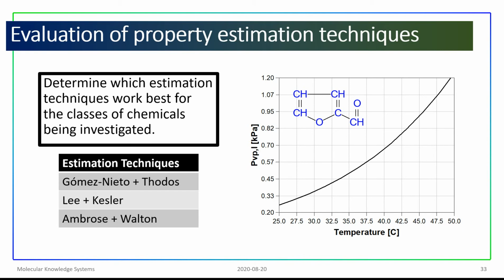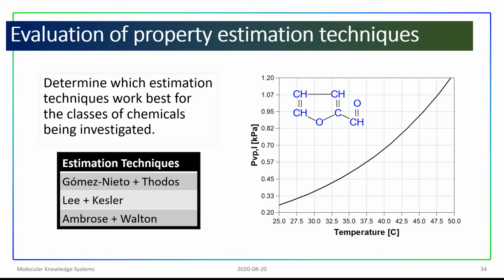And whenever we perform a new estimation, we should always determine which estimation techniques work best for the classes of chemicals being investigated. For example, the graph here shows the vapor pressure for furfural. Here we list 3 common vapor pressure estimation techniques. Although we have estimated the vapor pressure for furfural many times in the past, the particular temperature range of interest in this problem was different, so we wanted to estimate it again.